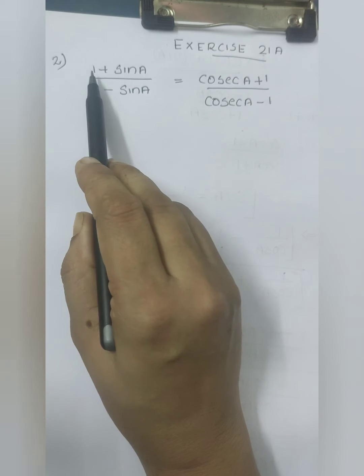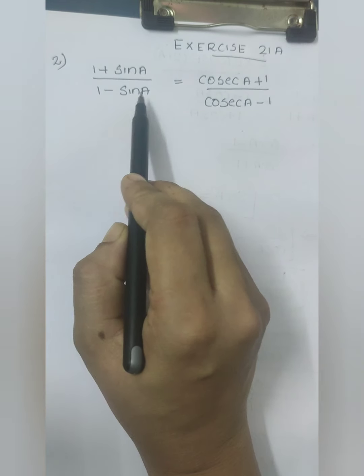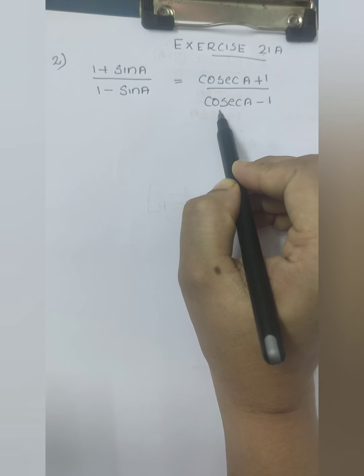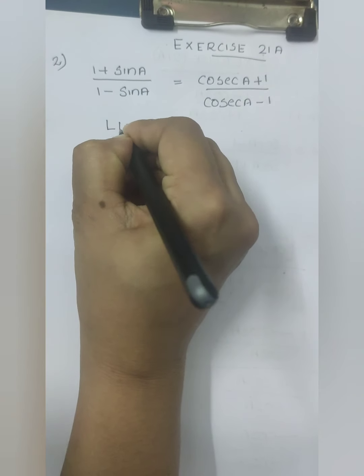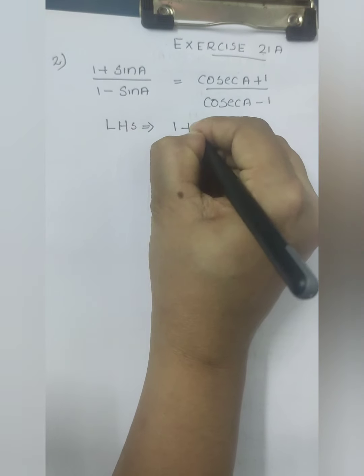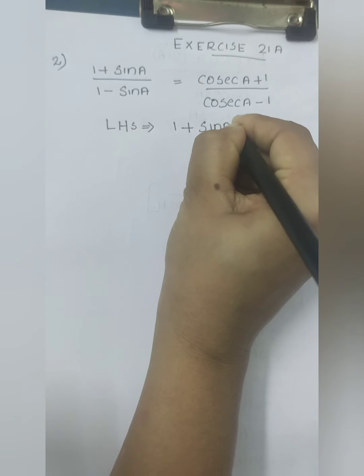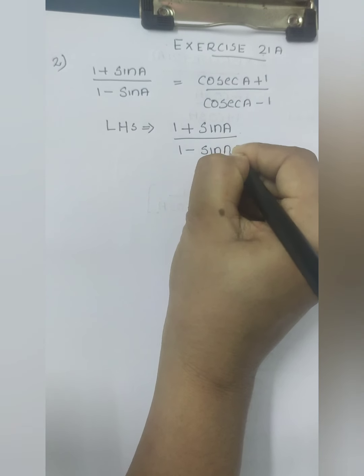Question number 2. Prove that (1 plus sin A) divided by (1 minus sin A) equal to (cosec A plus 1) divided by (cosec A minus 1). LHS: (1 plus sin A) divided by (1 minus sin A).